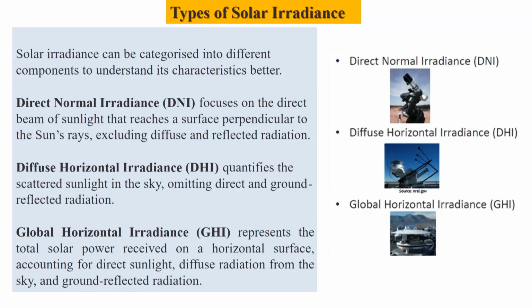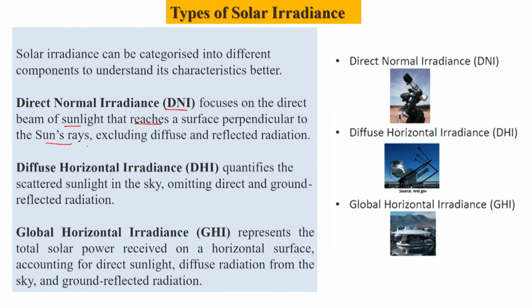Yeah, so there are different types of solar irradiance we talk about, and it is generally categorized into three terms. You have direct normal irradiance, which focuses on the direct beam of sunlight that reaches a surface perpendicular to the sun's rays.